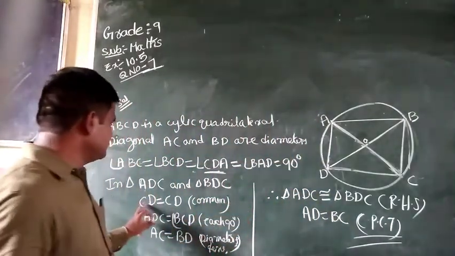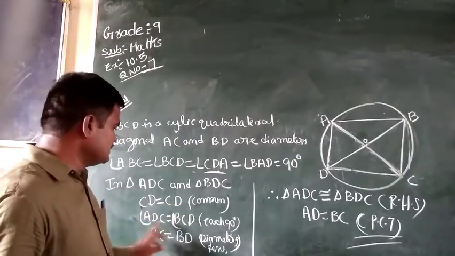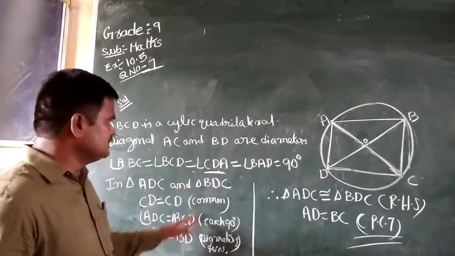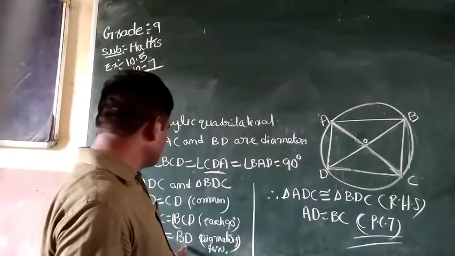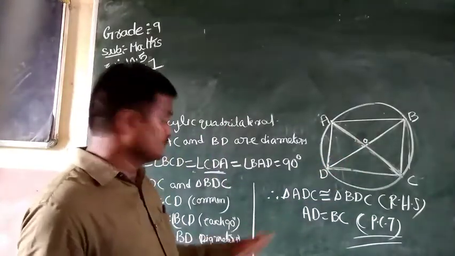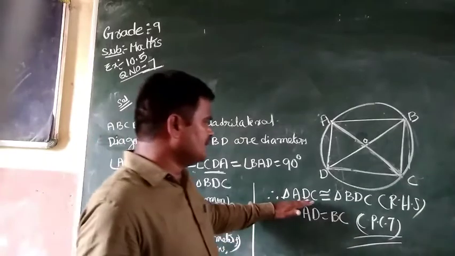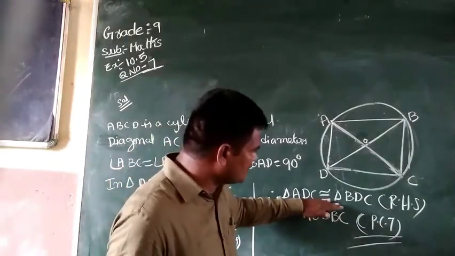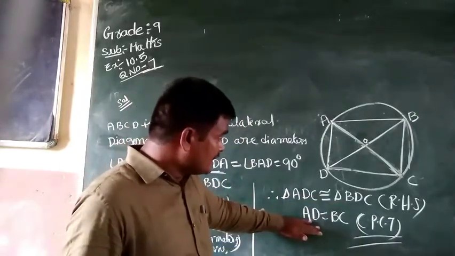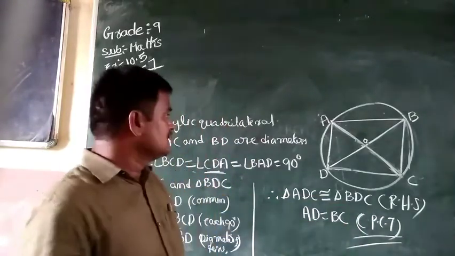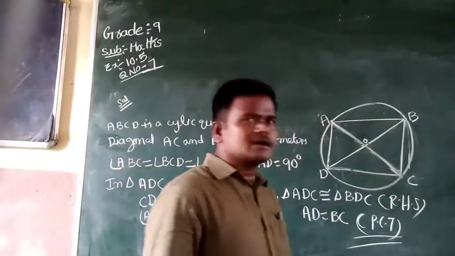So CD equals CD, common, and angle ADC equals angle BCD, each 90 degrees. AC equals BD, diameters of the circle. Therefore triangle ADC is congruent to triangle BDC, and AD equals BC by CPCT. So one pair of opposite sides is equal.